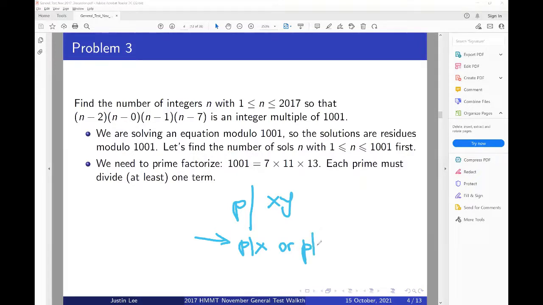But the same is not true if we replace the prime with just any number. So if we replace p with 1001, we don't have that 1001 must divide n minus 2 or n minus 0 or n minus 1 or n minus 7. But we do know that each prime, 7, 11, and 13, must divide one of the terms. Not necessarily the same term, but one of the terms. So we can take this separately by each prime.